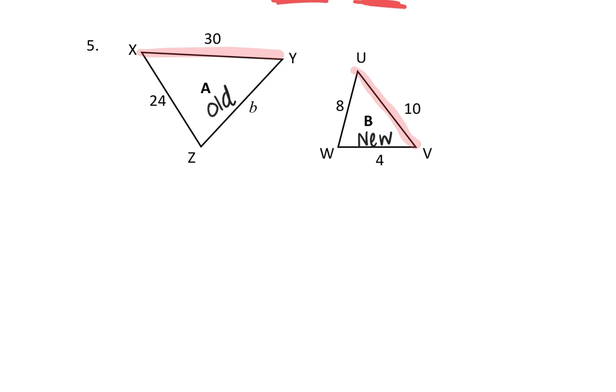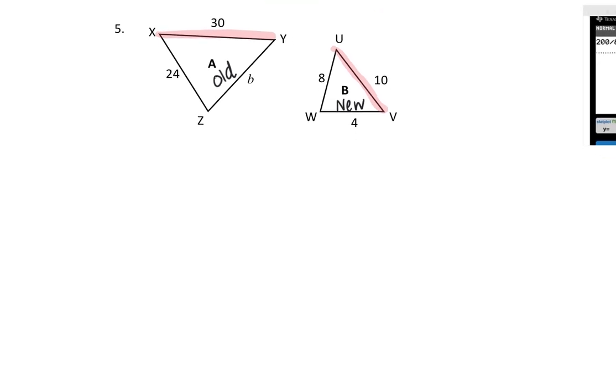So we have our image here. It's just that one of them is a little bit rotated from the other, but you should be able to tell which sides are corresponding to which. XY is the longest side in your left triangle. So in your right triangle, the longest side, which is UV, should be the corresponding side to the one on the left.